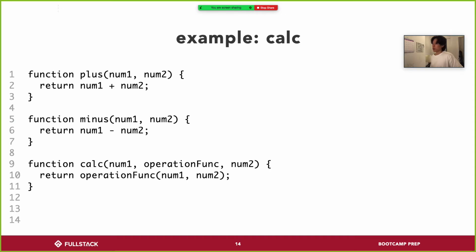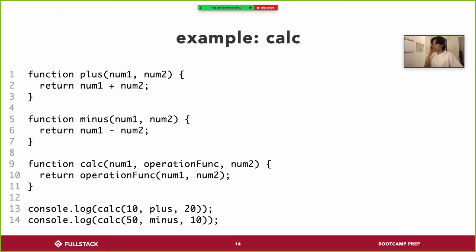So we have another example here of calc. Again, this just goes to show that because operation func is a parameter of a higher order function, it can be whatever function you want it to be. So it can be whatever function you pass in. It's very flexible in that it can take different types of functions.